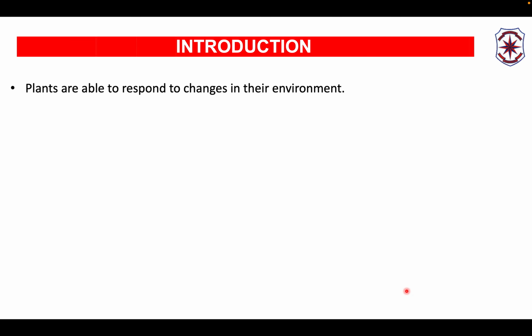Plants also require water, and they require water for photosynthesis. They require water for the metabolic activities that take place in their individual cells. So there must be a certain way that plants are able to respond in order to attain the water from the soil.